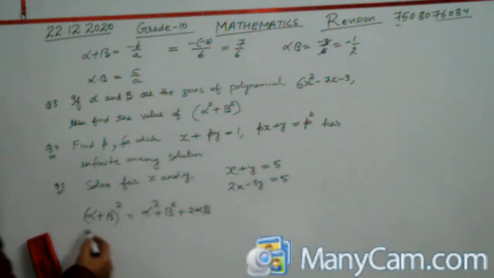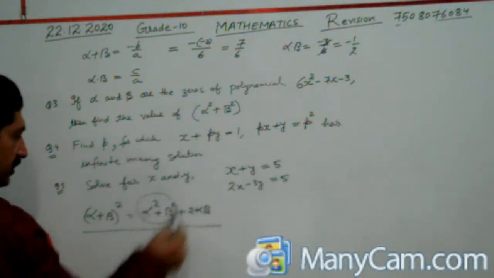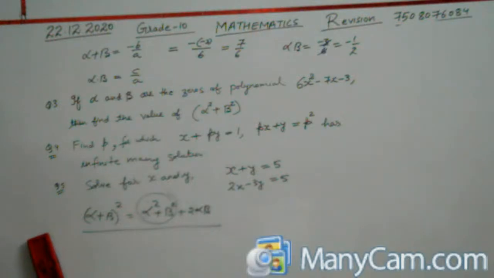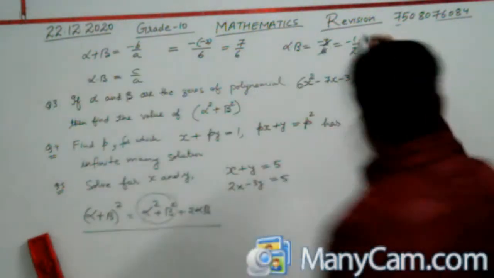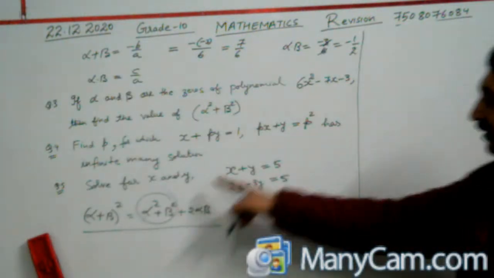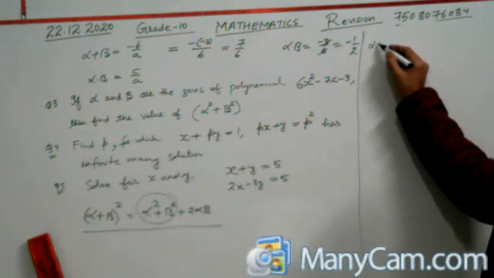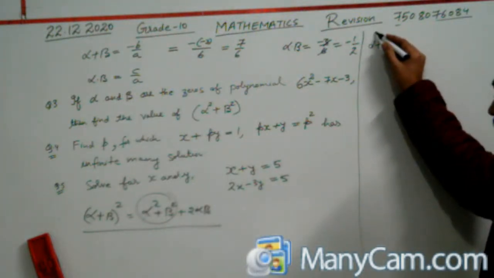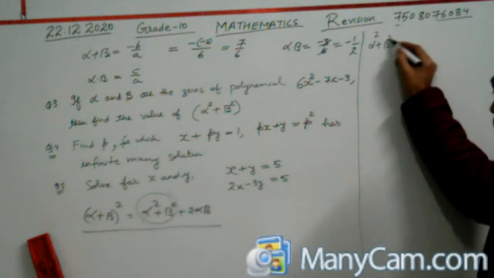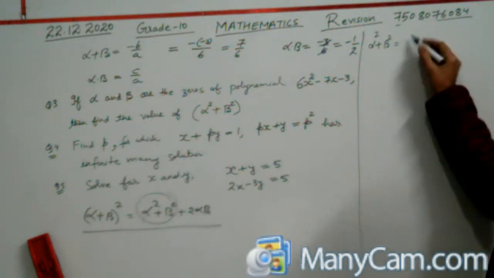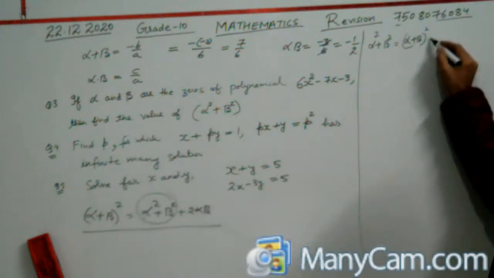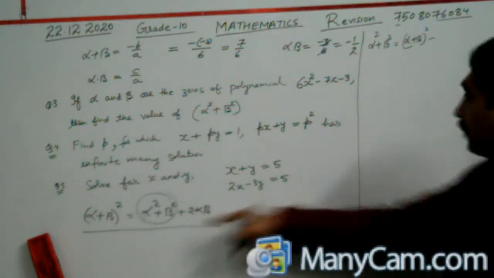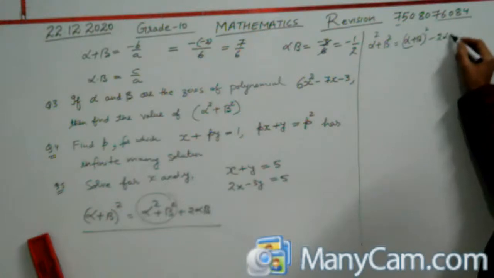We want alpha square plus beta square, so alpha square plus beta square is equal to alpha plus beta whole square minus 2 alpha beta.